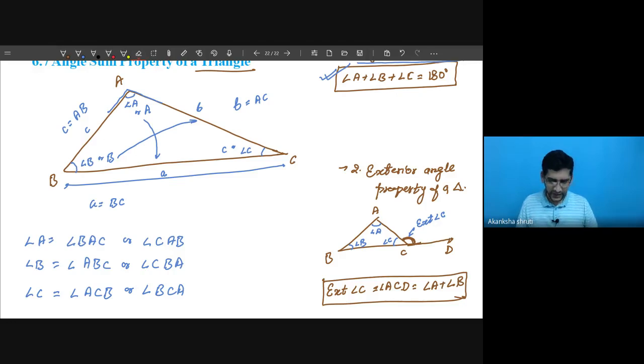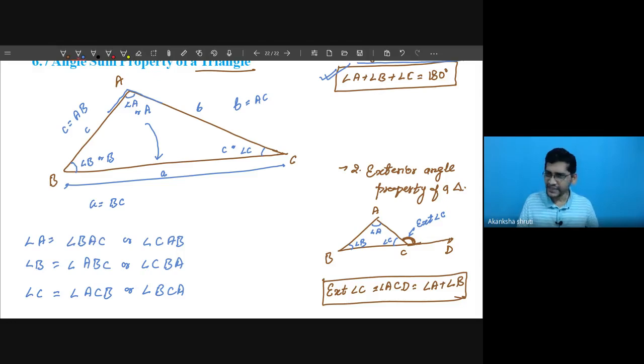Okay, students. Now there is another important denotation. Whatever the side in front of an angle, that side is denoted by the small alphabet of that one. If we consider angle A, then in front of angle A the side is BC.